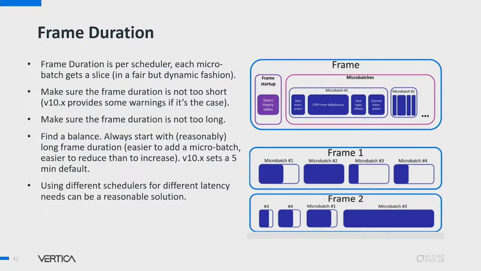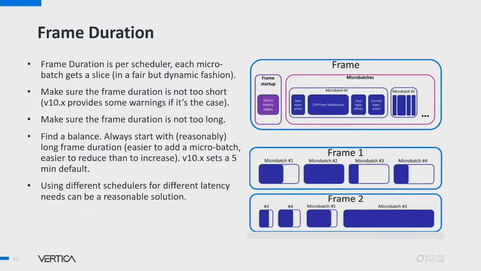Let's take an example where, for this scheduler, we have 4 microbatches. In the first frame, the scheduler will assign an equal amount of time to each microbatch. So each microbatch starts with a similar time slice. But individual microbatches can take different times depending on the data that they're trying to process and load into Vertica. In this case, microbatch 2 takes the longest, and microbatch 3 takes the least amount of time.